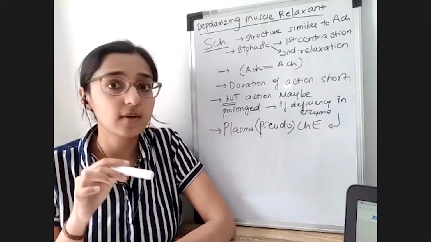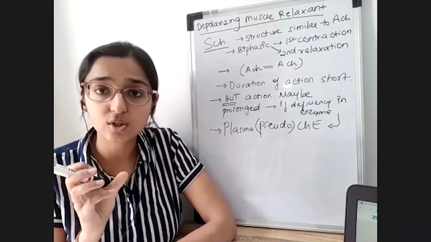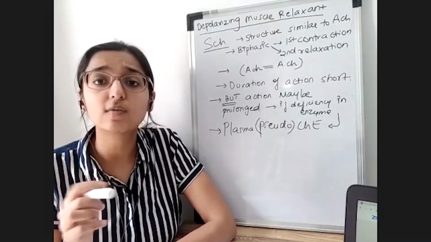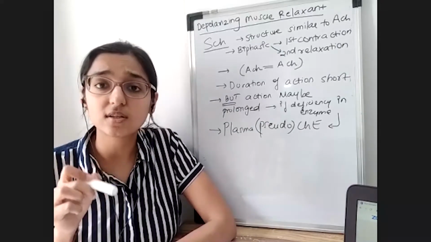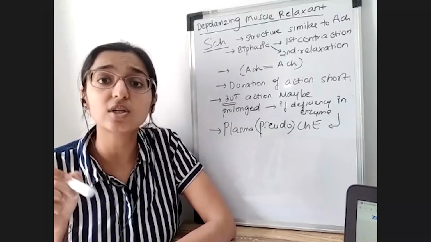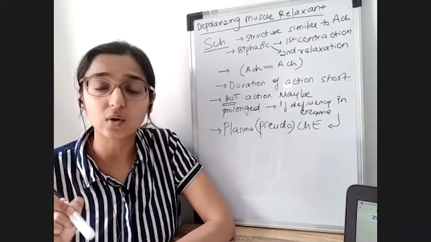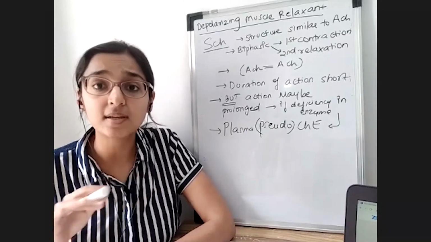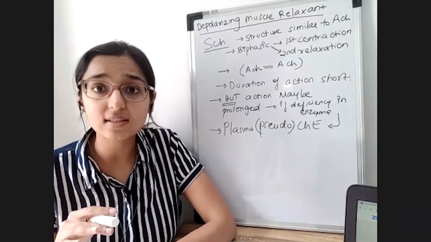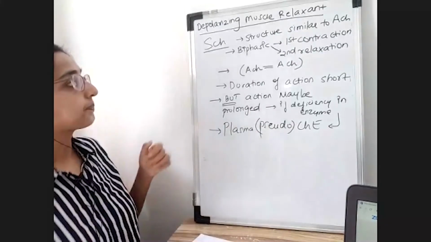If the concentration of succinylcholine is significant in the junction, every molecule will constantly bind and release, and this binding and release causes the generation of muscle action potentials and muscle contraction. That's why you get muscle fasciculations, which you will see when you use succinylcholine. But after the fasciculations disappear, the patient goes into complete muscle relaxation. Why does that complete muscle relaxation occur? We shall understand that.